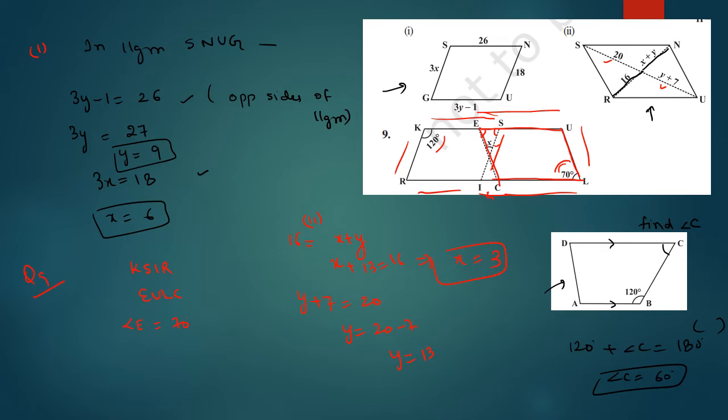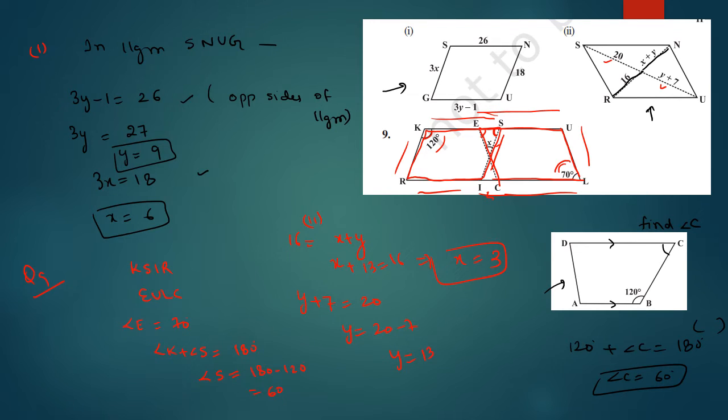So if you see this parallelogram, the angle on the same side of the transversal is 180, so this becomes 60, right? Because angle K plus S is 180, angles on the same side of the transversal. So S becomes 180 minus 120, that is 60.